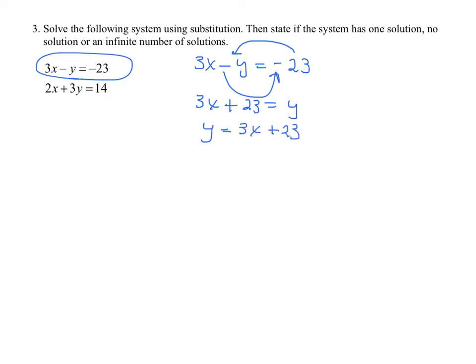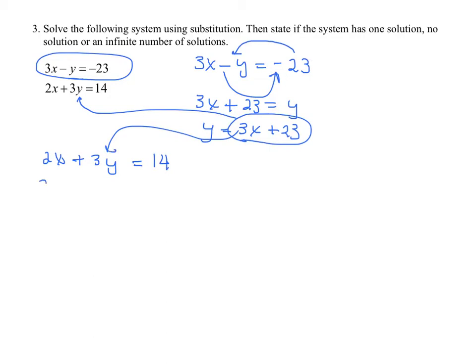So now we're going to take 3x plus 23 and substitute it in for y into the second equation. Solve for x, get the y value, be all hunky-dory. So 2x plus 3y is equal to 14. Again, that's where I'm popping in 3 times (3x plus 23).